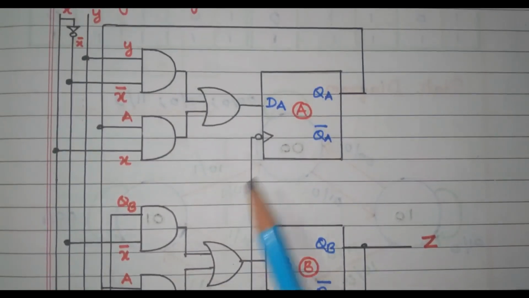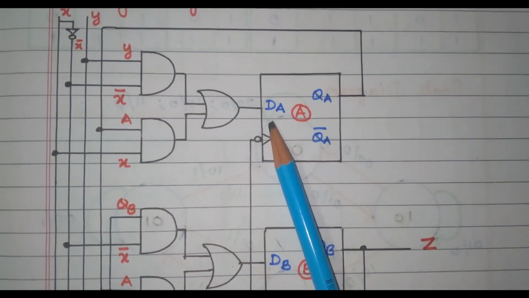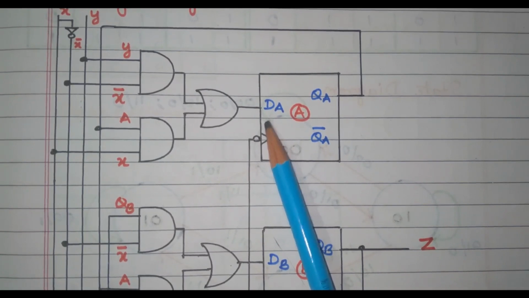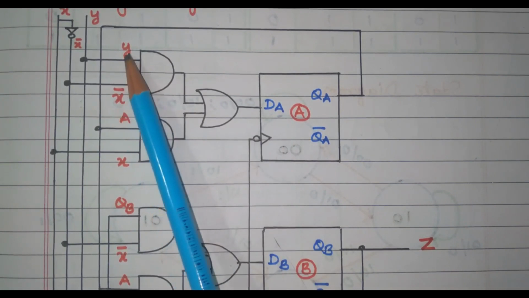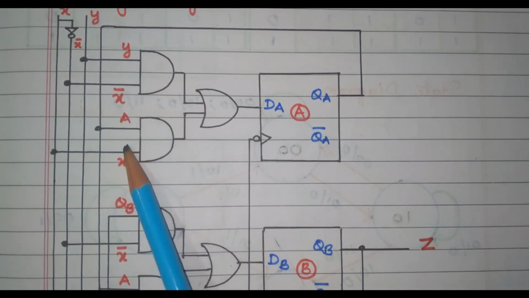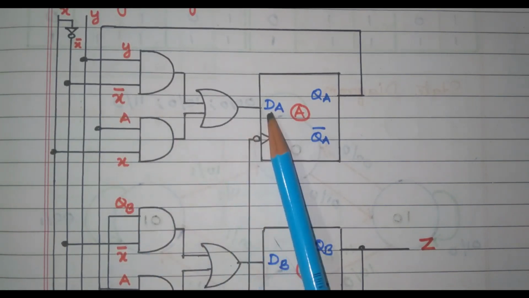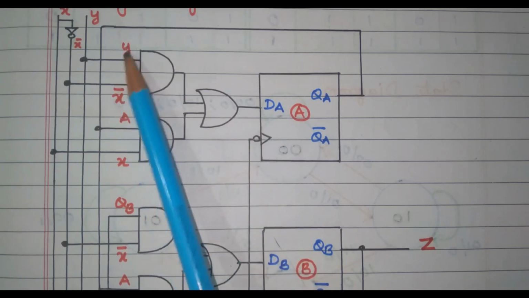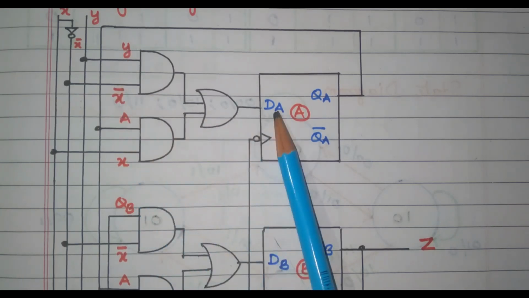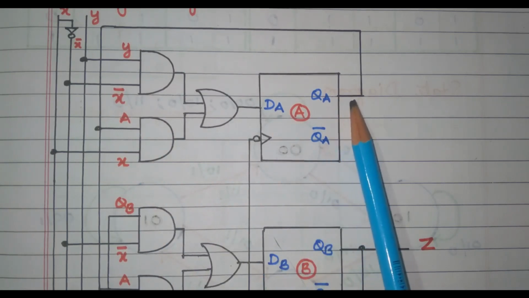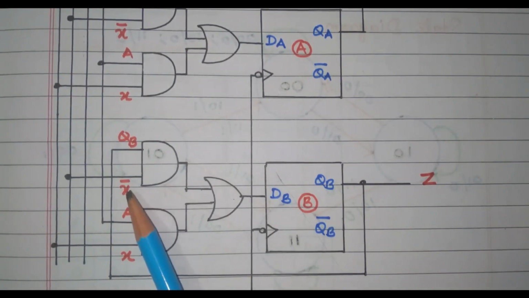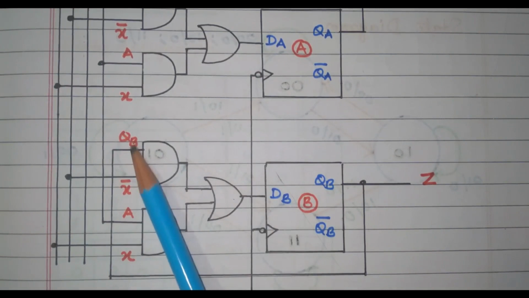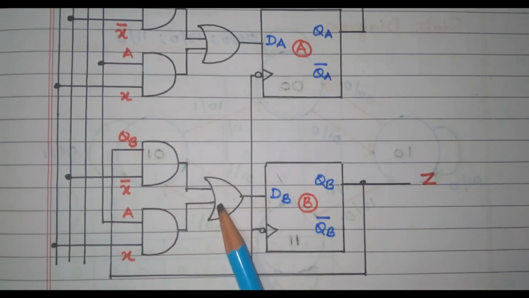First, we will see the DA, the expression for A, the first flip-flop. So, this AND gate is available, that is nothing but x bar into y. This is x into A, both are added together. So, DA is nothing but x bar y plus xA, that is given to the DA. So, that we got the QA. Similarly, DB is nothing but x bar into QB plus x into A. These two are multiplied, then added by this OR gate.